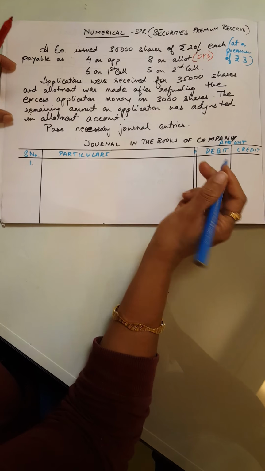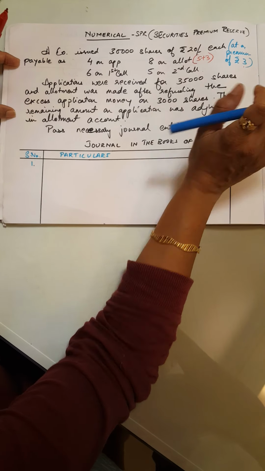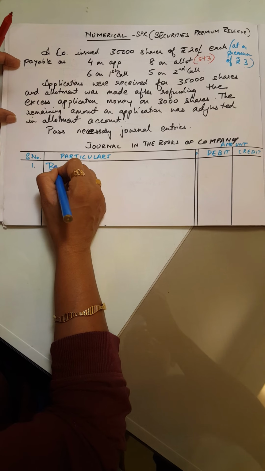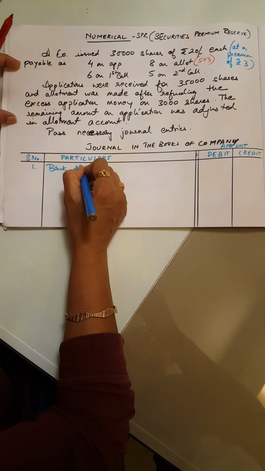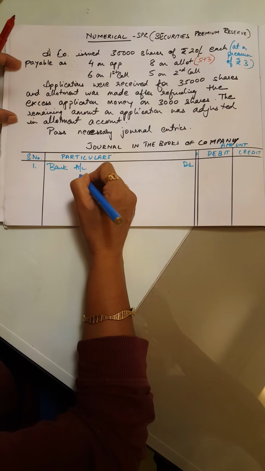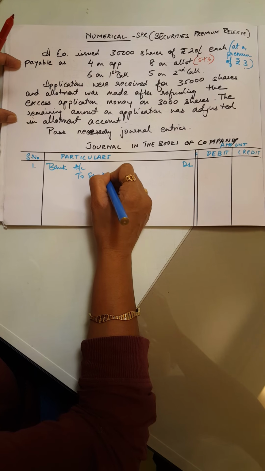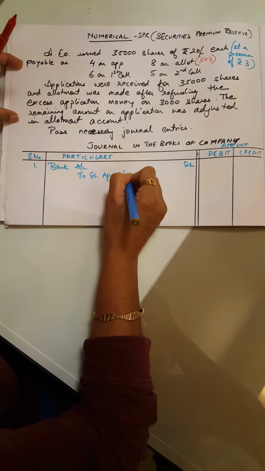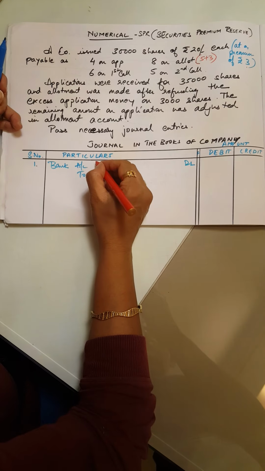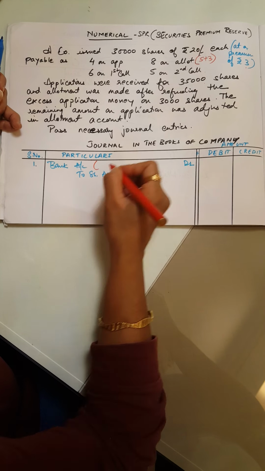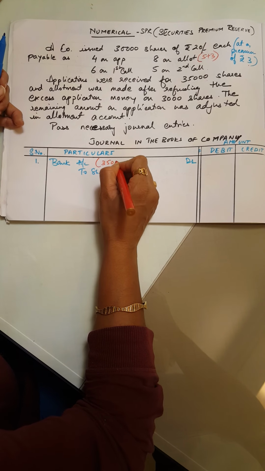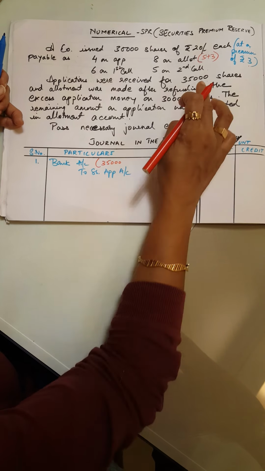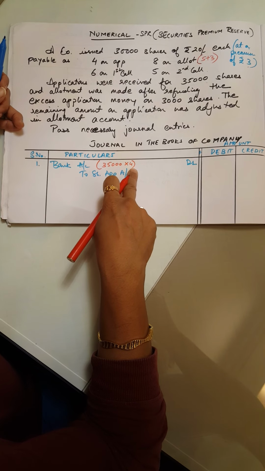So our first journal entry will be on receiving the application. On receiving the application, it is always bank account debited to share application account. Here we have got 35,000 shares. Please remember, application is always on the actual amount received. On 35,000 shares, you will be receiving rupees 4 each.